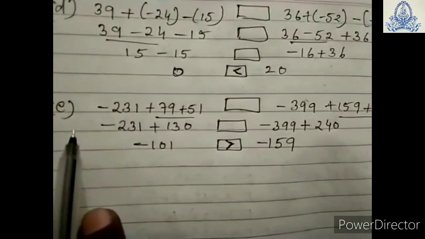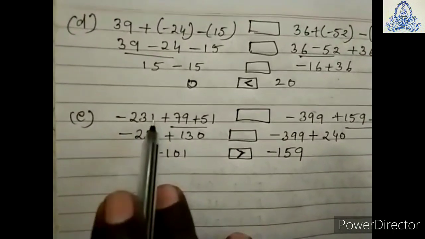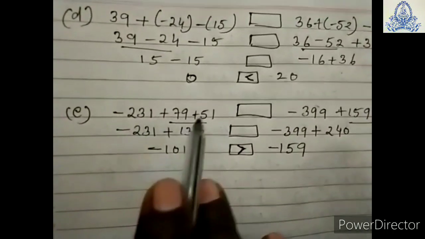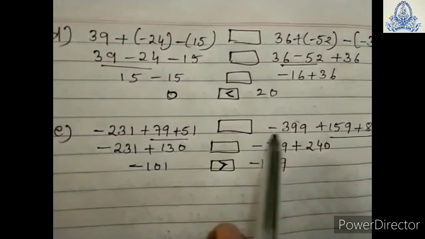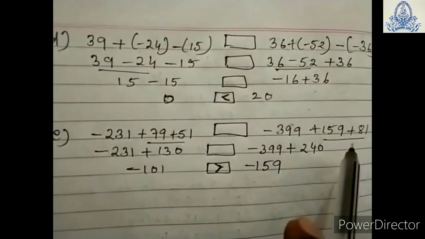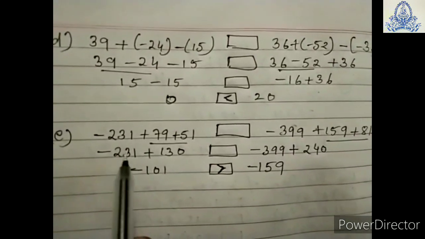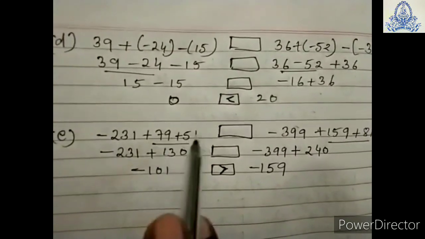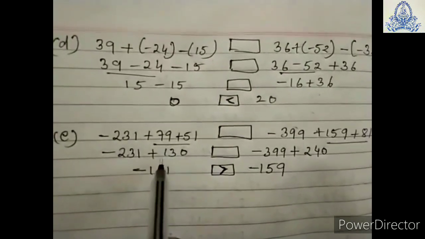Now the last question, part E: minus 231 plus 79 plus 52 minus 399 plus 159 plus 81. We get minus 231, and 79 plus 51 is 130.